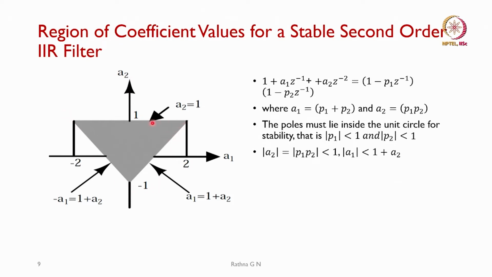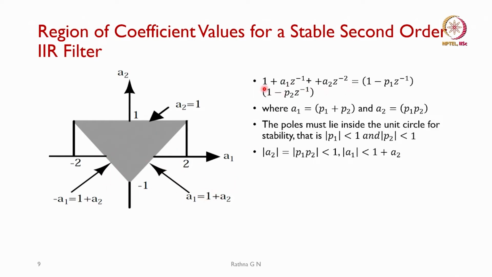We know that A2 ranges between 1 and -1, and A1 between 2 and -2. The boundaries are A1 equal to 1 plus A2, and minus A1 equal to 1 plus A2. How we arrived at this is shown with the poles.